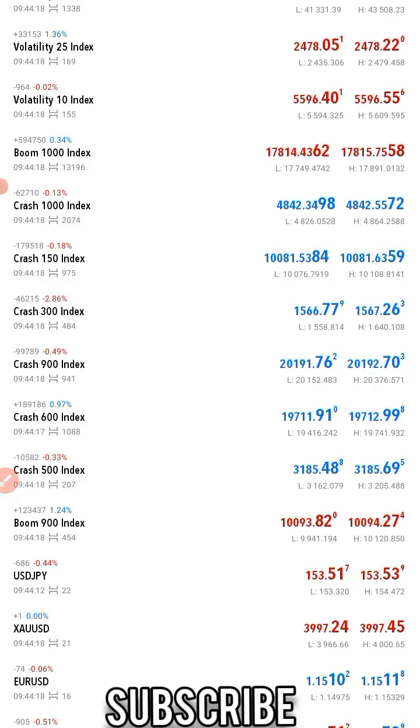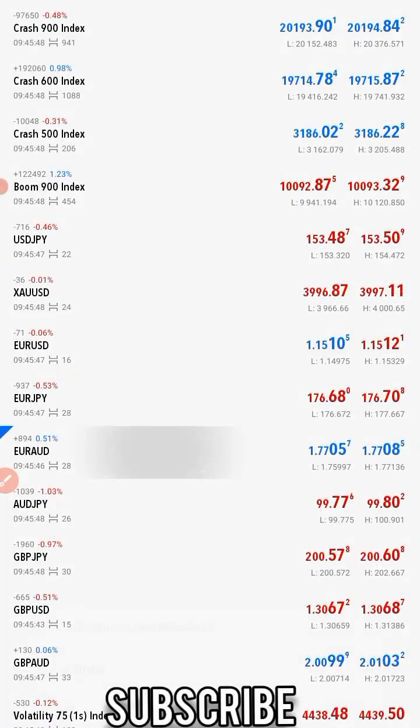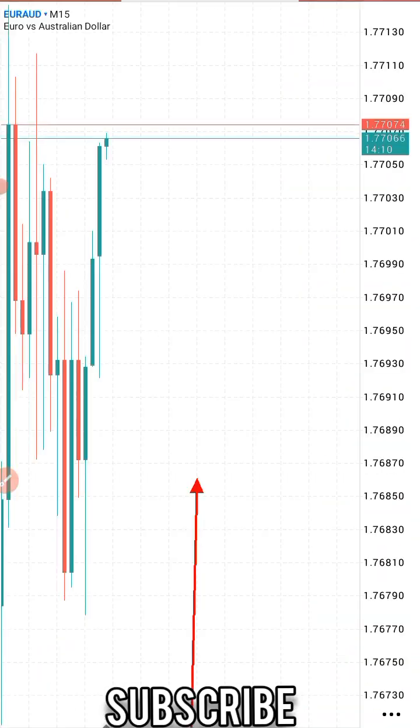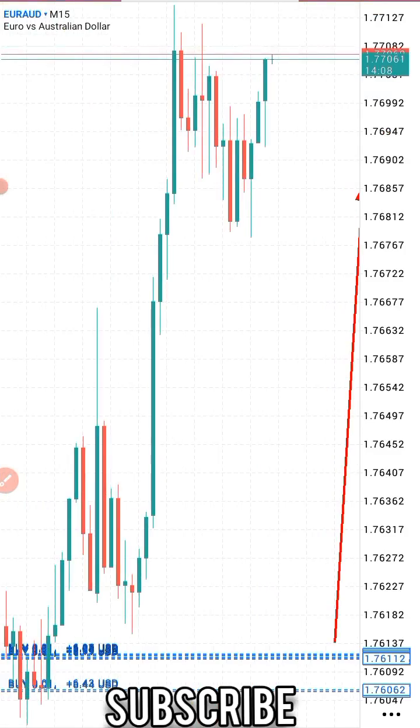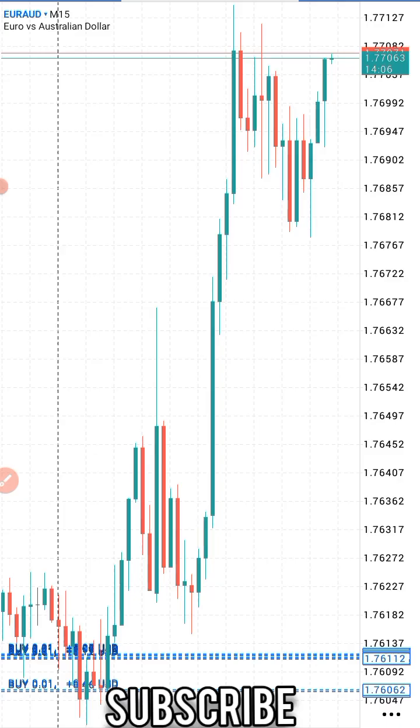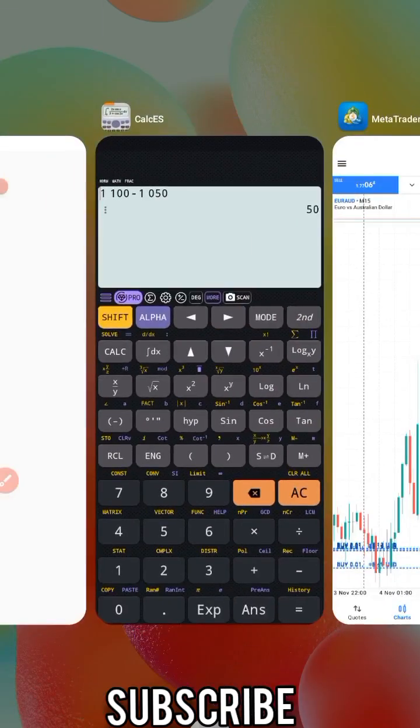Let's calculate now so that we'll know how many pips we have done. Now, for example, we started from here and we ended up, let's say, we are now here, which is 1.770.